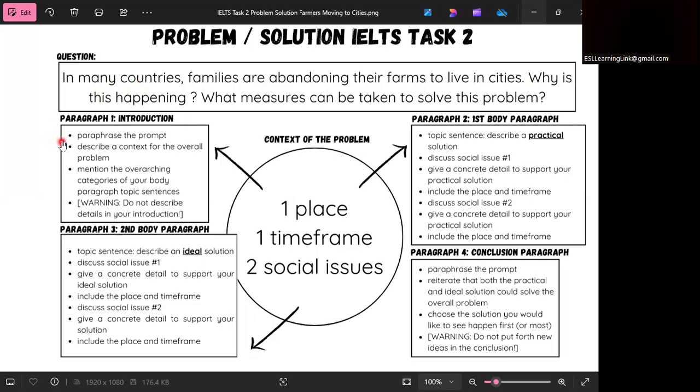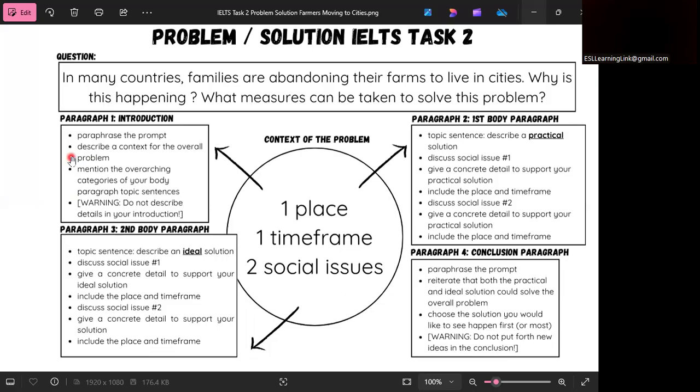So paraphrase the prompt, then you're going to describe a context. So say you are from Peru, you can say, this is happening in Peru because of the availability of satellite internet and increased job opportunities for farmers. And you're going to want to note the topic sentences.